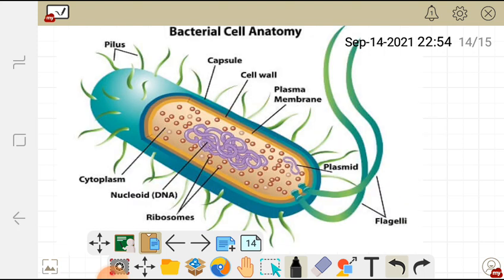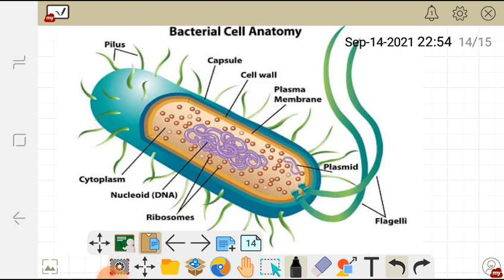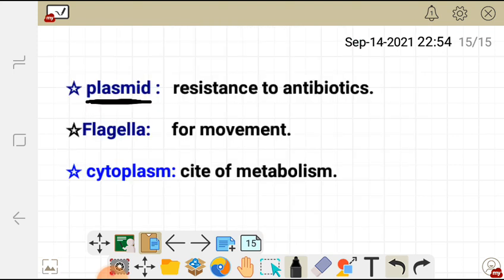The other part which we have is the plasmid. The plasmid is the part which is here, that circular structure inside the cell. Its function is to resist antibiotics.